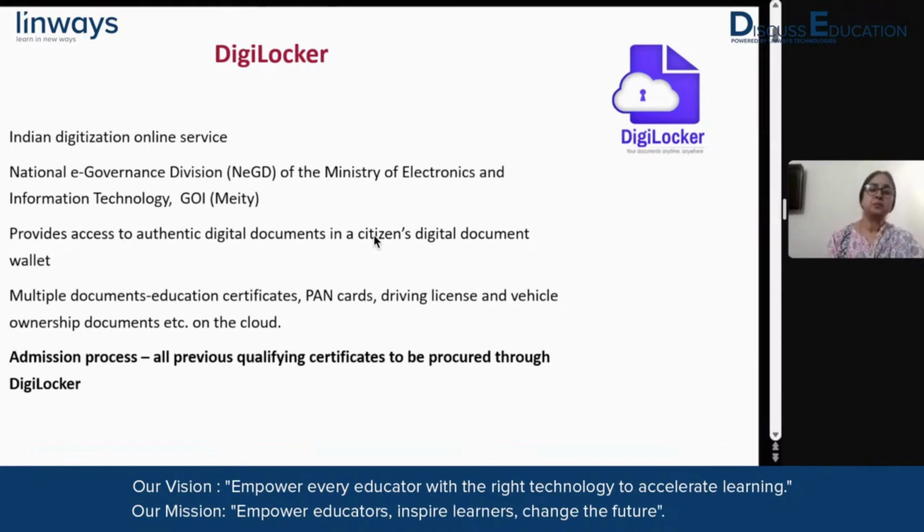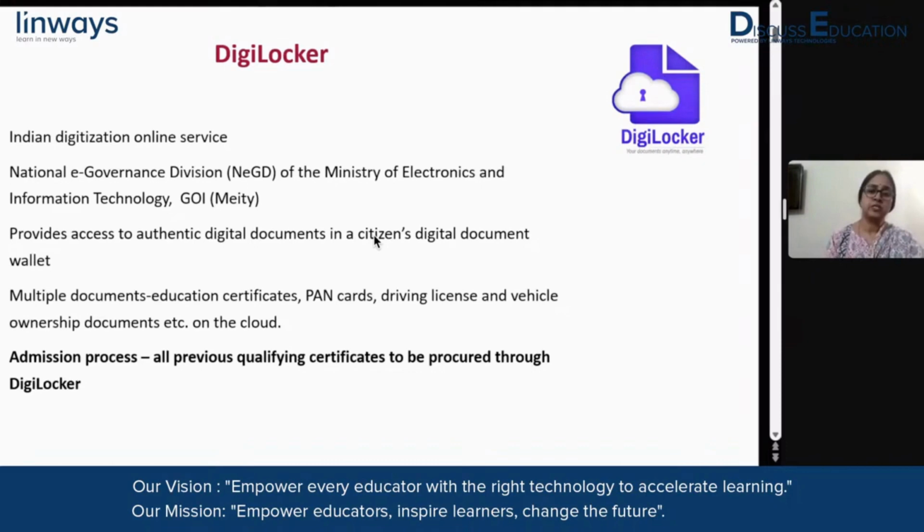The fundamental purpose of DigiLocker is to provide access to authentic digital documents of a particular citizen. This is a digital document wallet wherein all kinds of documents can be fetched through DigiLocker. In terms of education certificates, it could be PAN cards, driving licenses, Aadhaar, vehicle ownership, and so on.